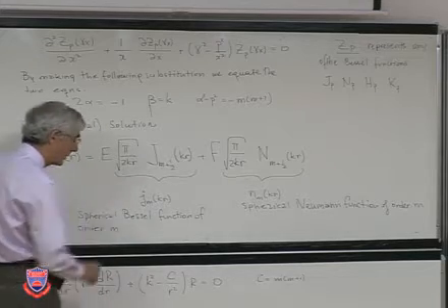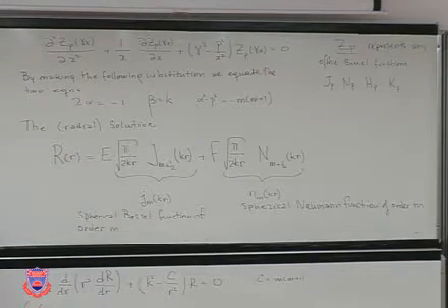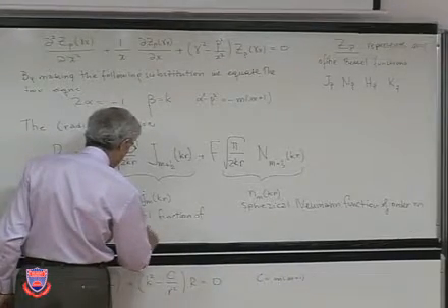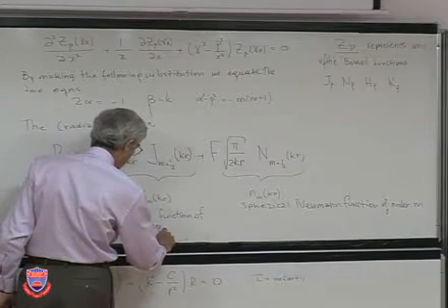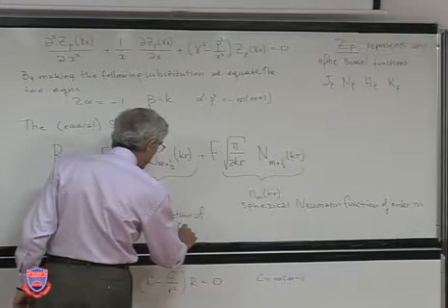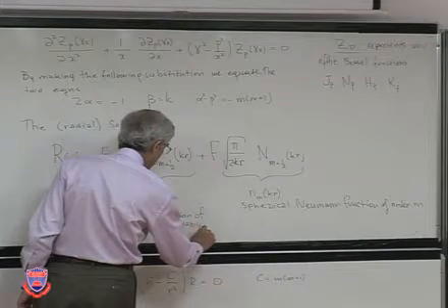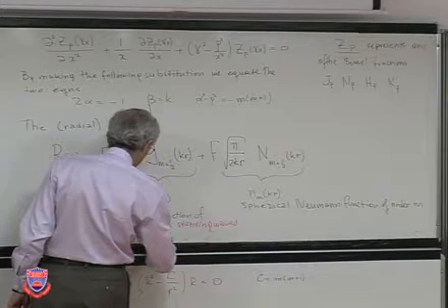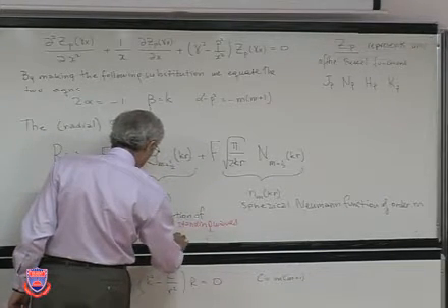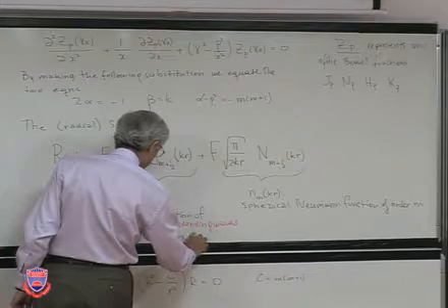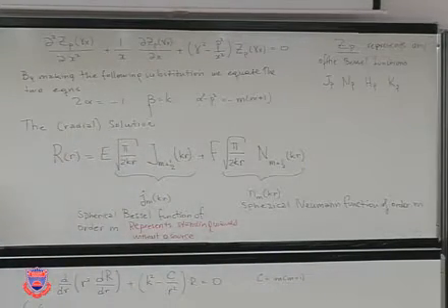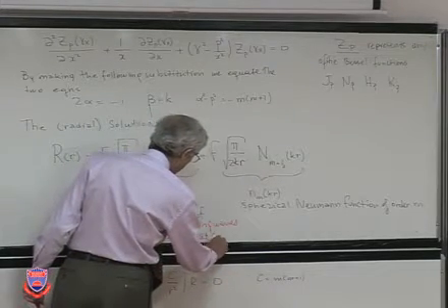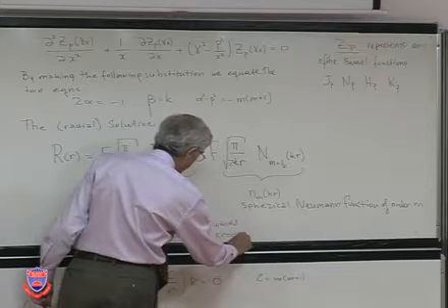Now, this one represents standing waves without a source at KR equals 0, at the origin.